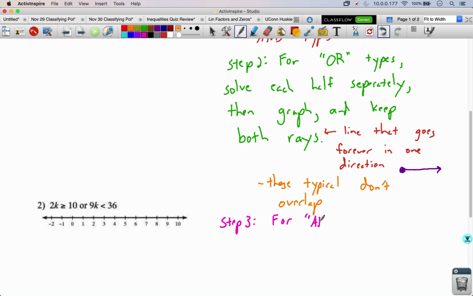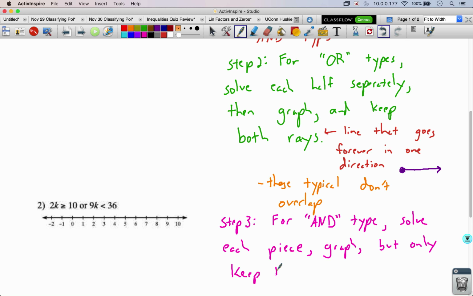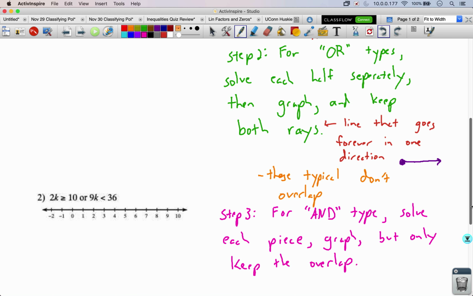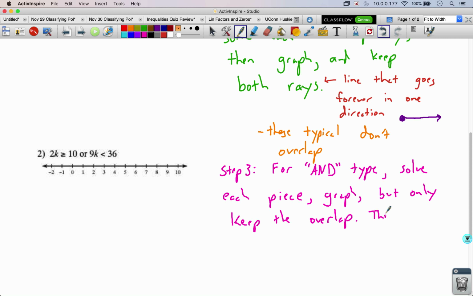For and type, solve each piece, graph, but only keep the overlap. This makes a line segment.